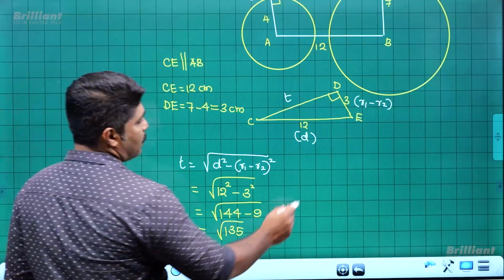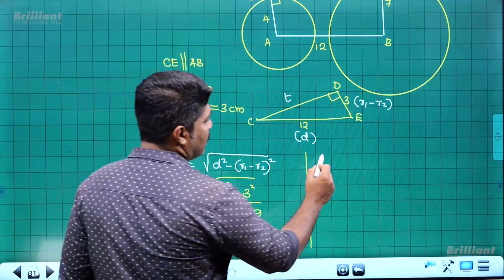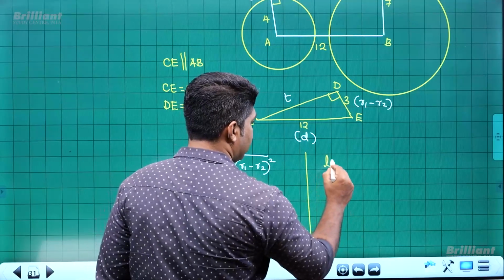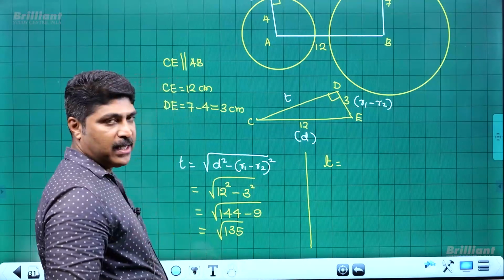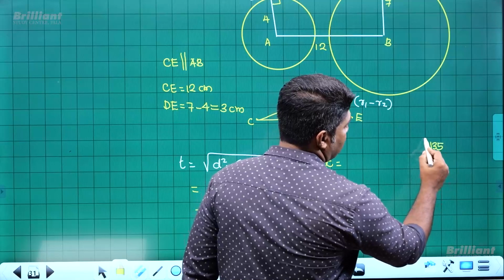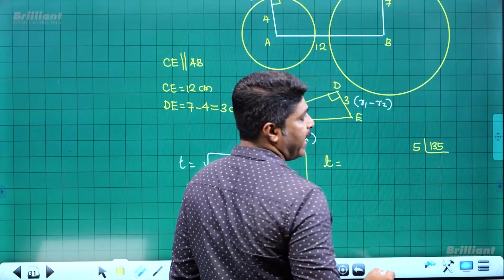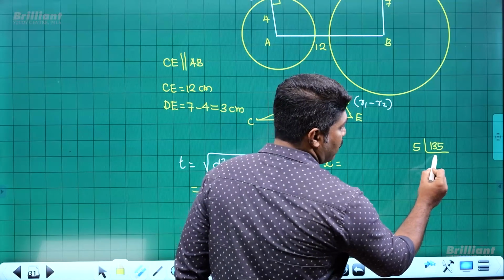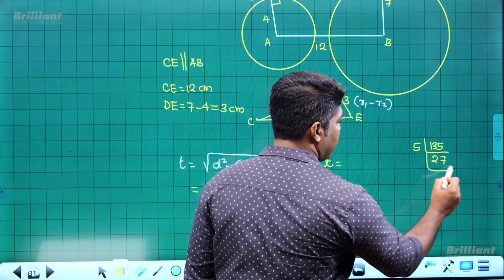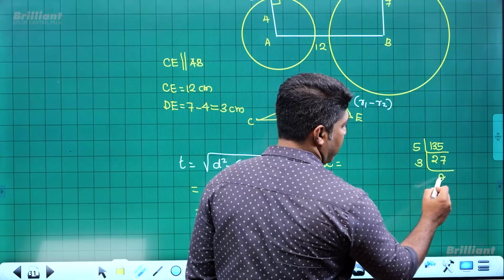How can we simplify this? This is root of 135. So we can factorize it. You factorize 135; we simplify it by 5. So this is 5 times 27, and 27 we can split like 3, 9.